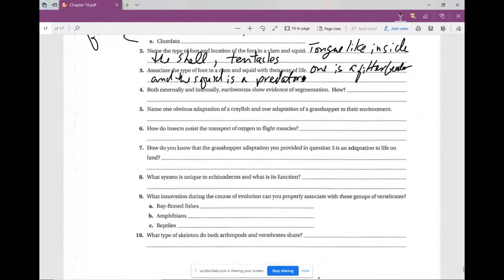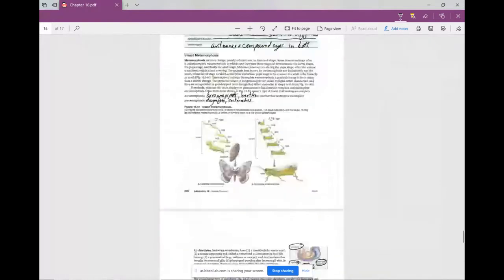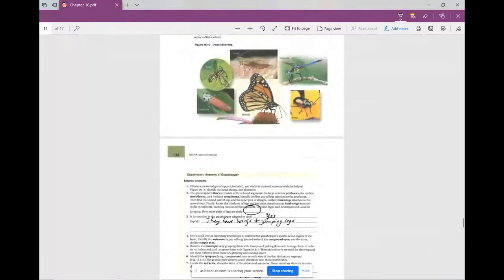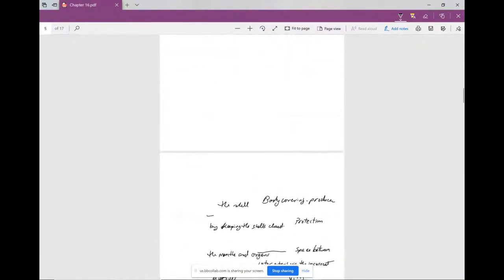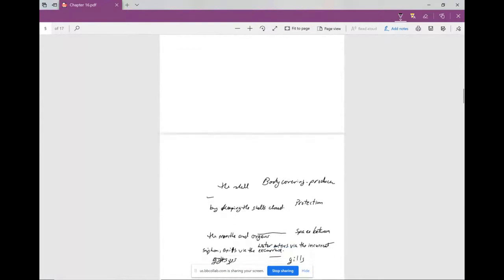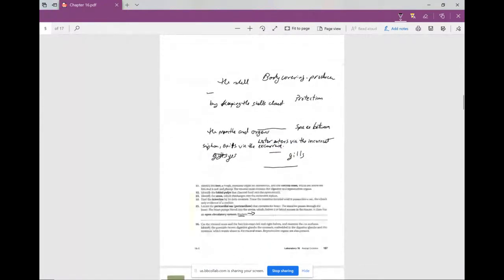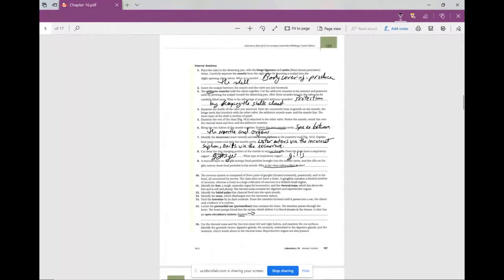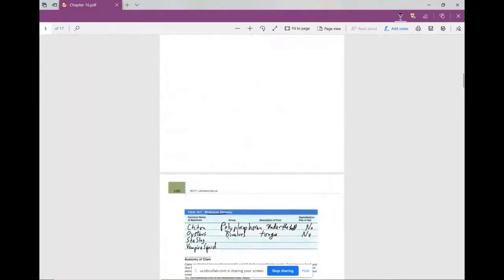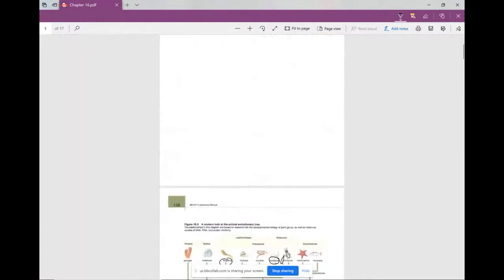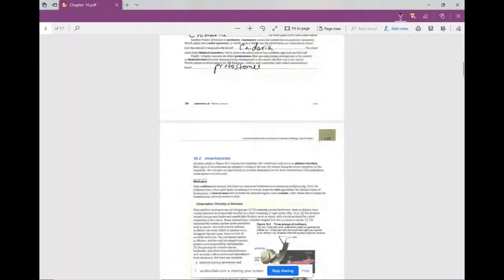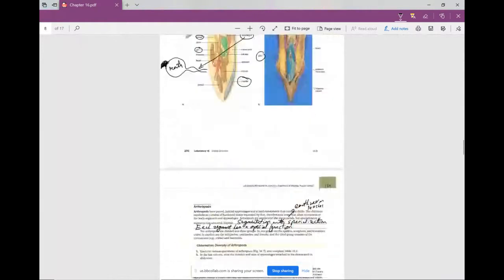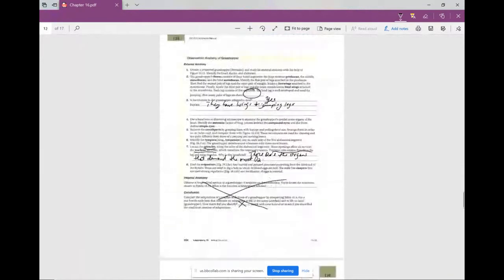Both externally and internally, earthworms show evidence of segmentation. How? Why are they asking? I don't remember seeing anything here about earthworms. I don't know why they're asking that question.